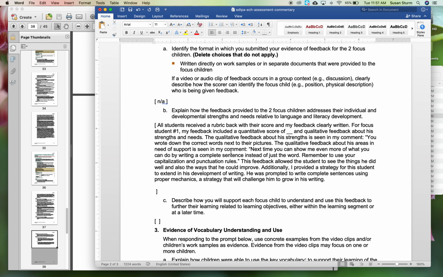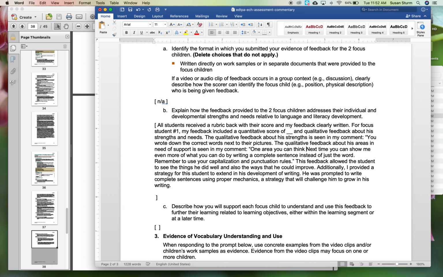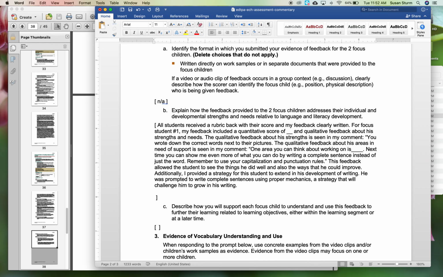Needs relative to language and literacy development, you can say next time. I would actually start with one area you can think about working on is, and then really explicitly spell it out to the student.